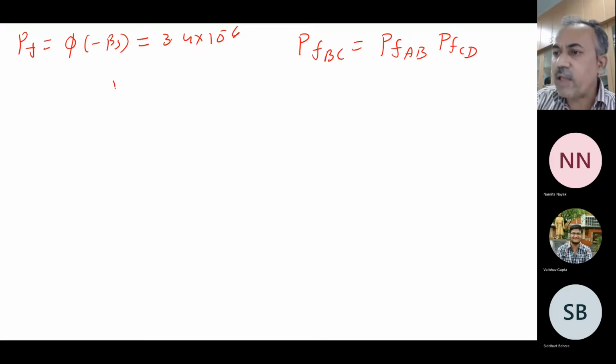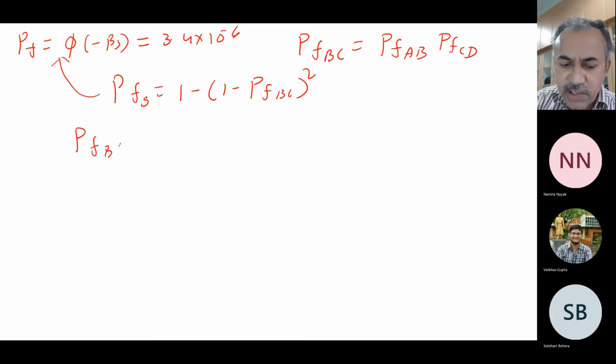So we can write the probability of failure as 1 minus (1 minus PF BC) whole square. Sorry, this PF is for the entire system itself. So you can solve and find PF BC, which turns out to be 1.7 into 10 to the power of minus 6 itself.